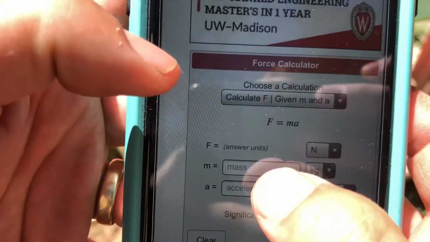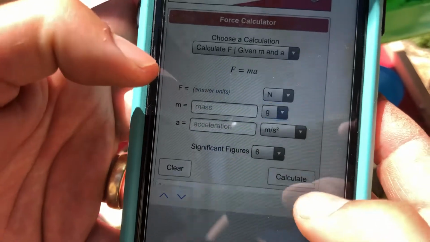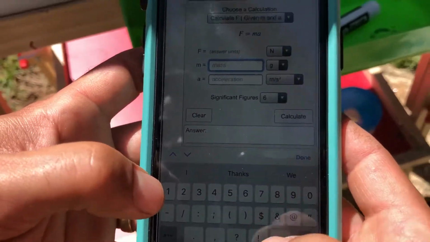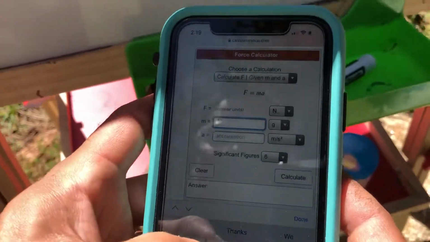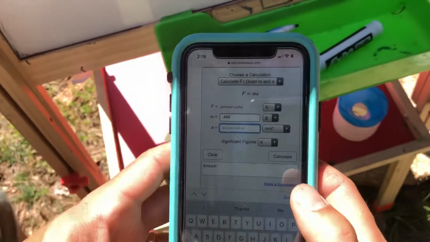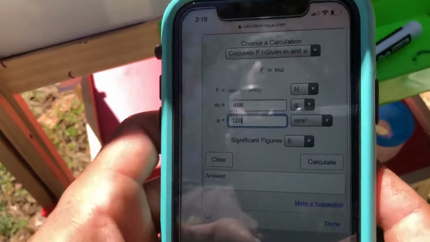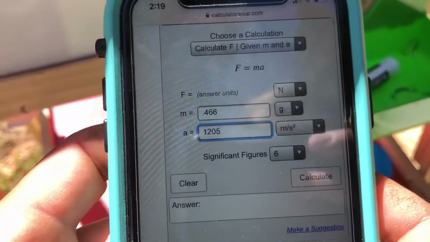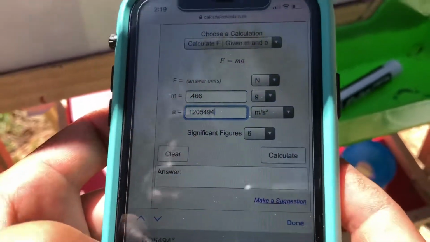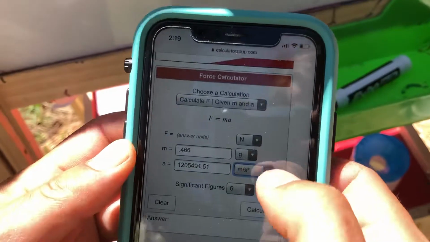We want to solve in newtons. The mass is in grams, so I'm going to set it in grams. My mass is 0.466 grams. The acceleration is 1,205,494.51, and that's feet per second squared.